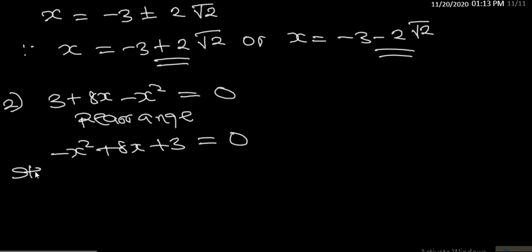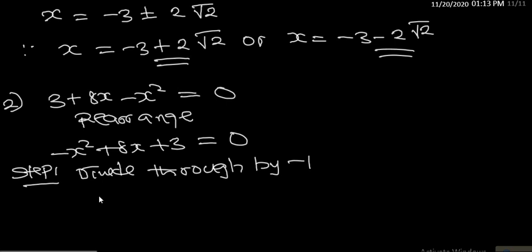And we start our steps, because the coefficient is not just 1, it is minus 1. So we divide through by minus 1. So that will give us x squared minus 8x minus 3 equals to 0.